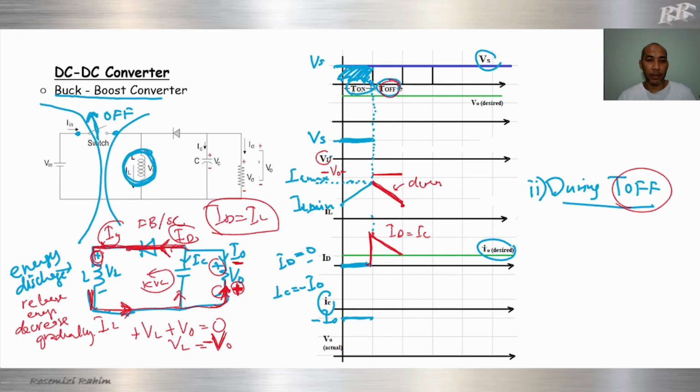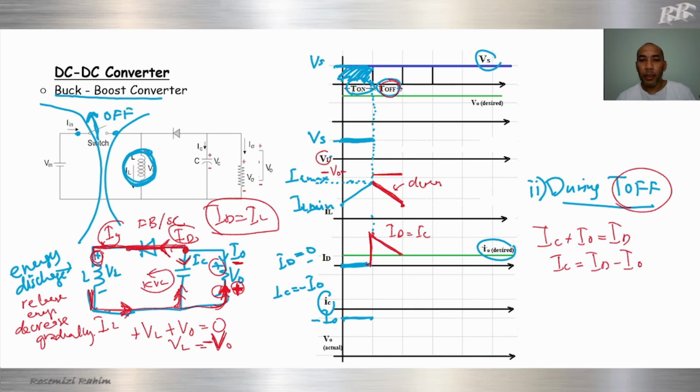Next is IC. Where is IC? IC is here at this point. Now IC will go up, I naught also goes up. So IC plus I naught equals ID, which means IC equals ID minus I naught.